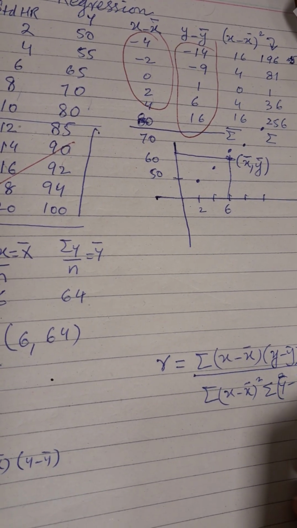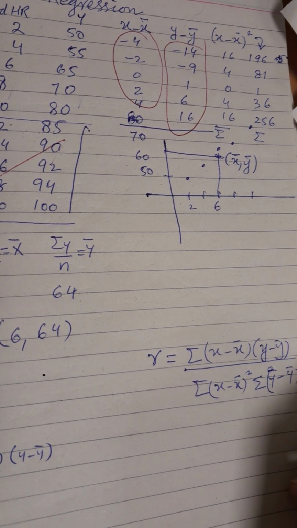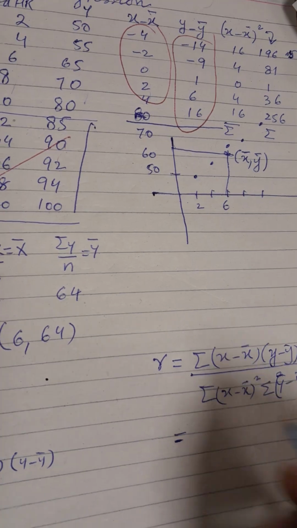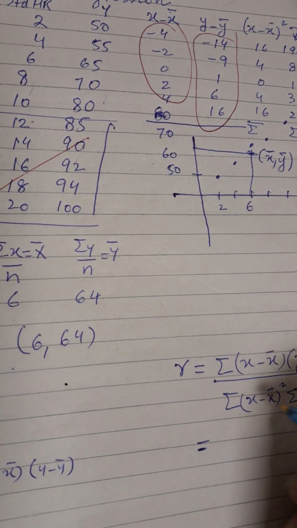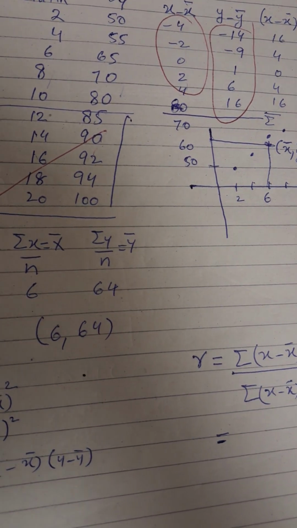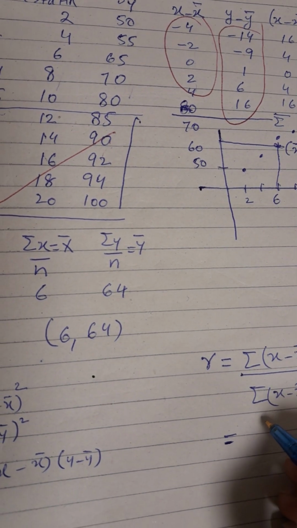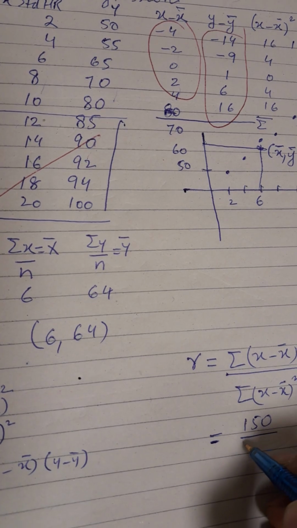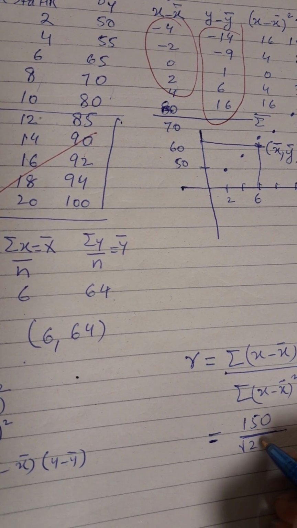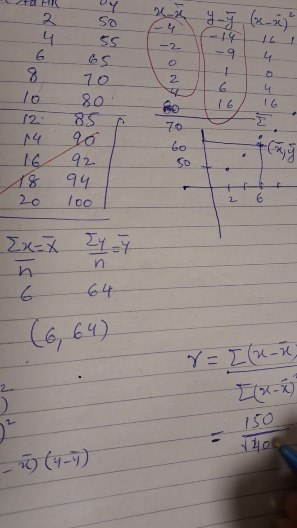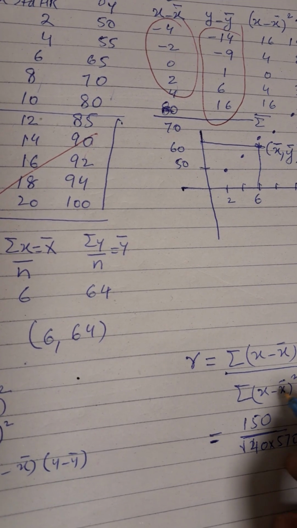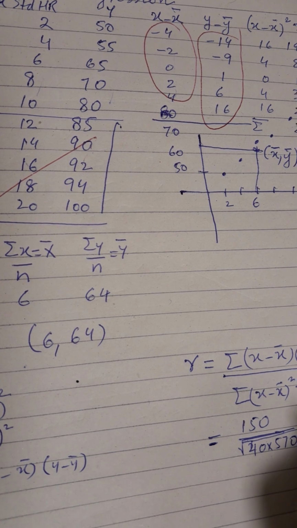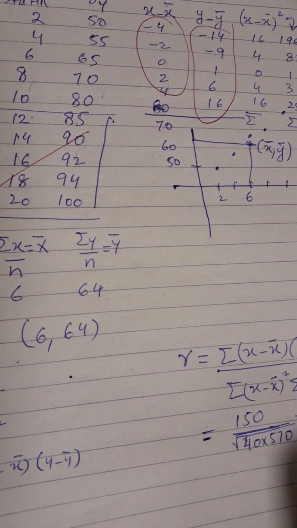If I write y minus y bar or y bar minus y and then square it, it is absolutely the same thing. For this particular case, the correlation coefficient turns out to be 150 by square root of 240 and 570, 570 for this and 40 for this, square root, and it is 0.99.